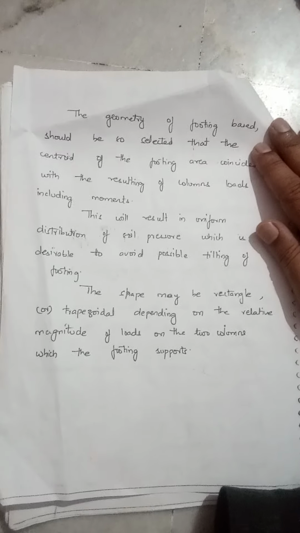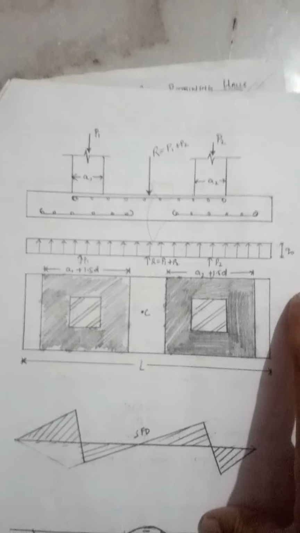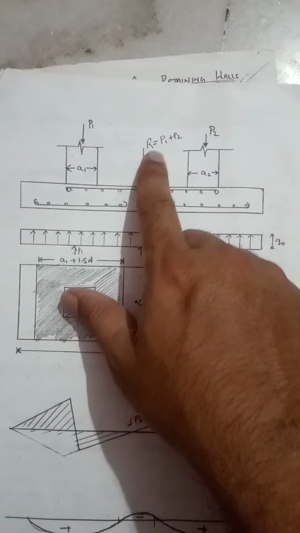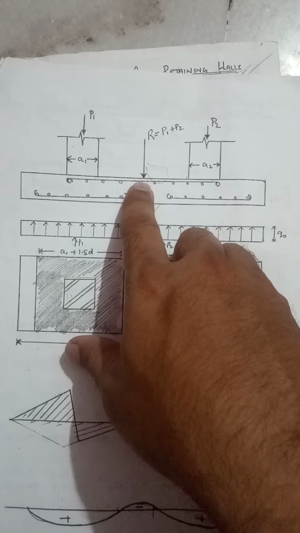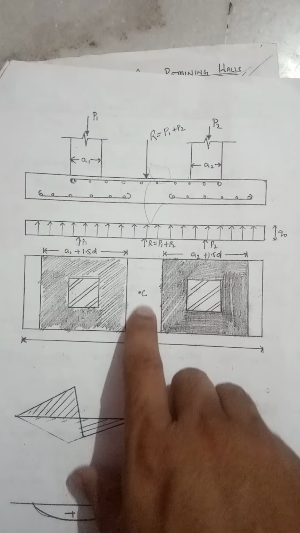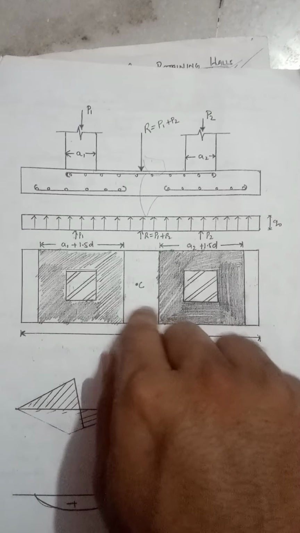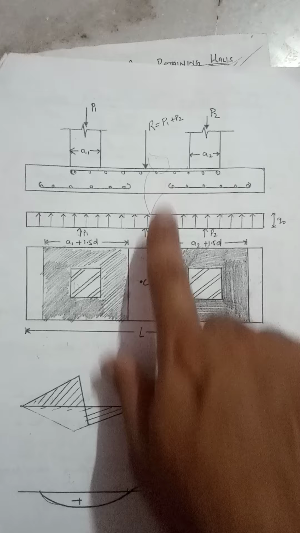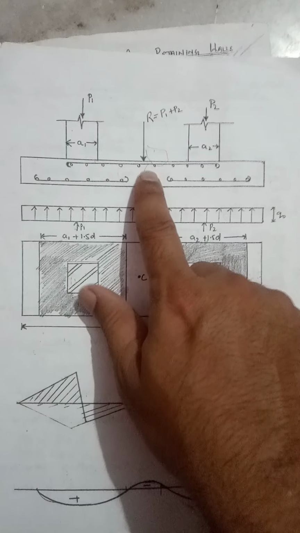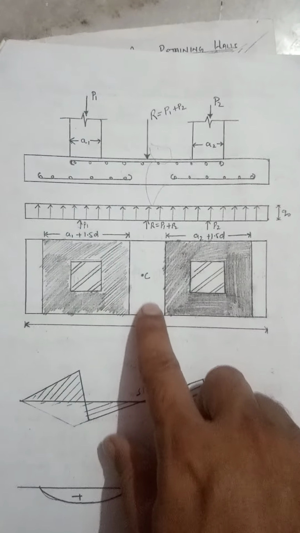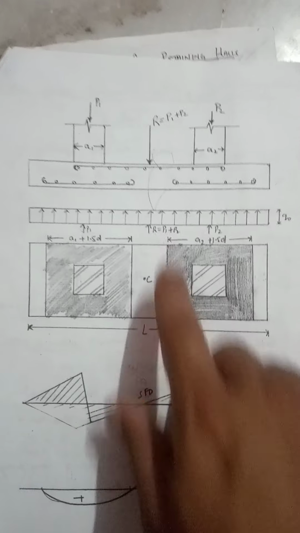Okay, let's move further. Just have a look at this. Here you can see this. Basically what was being told is the resultant of the loads should coincide with the centroid of the footing. You can see the top view from here, and this is the front view. So in the top view, this resultant load should coincide with the centroid of the footing. That is what is being said.